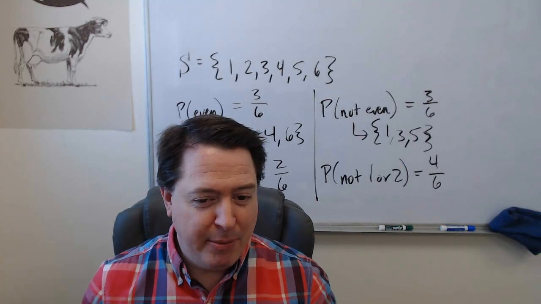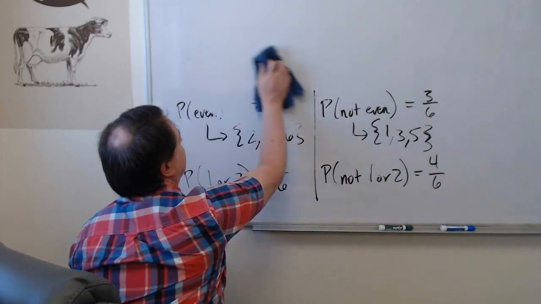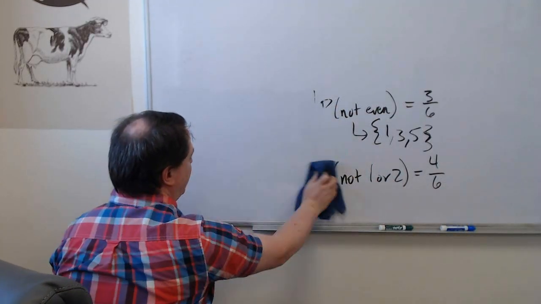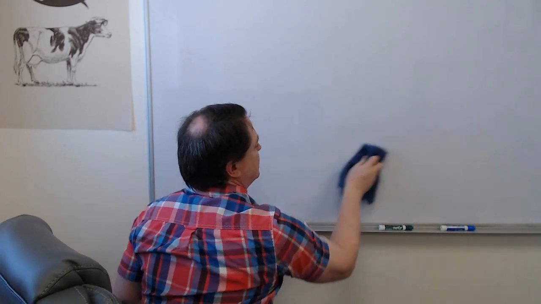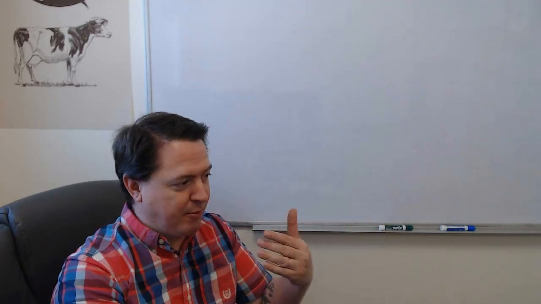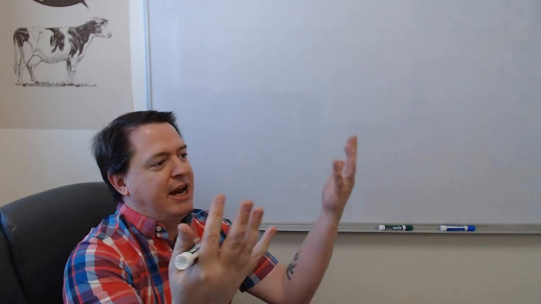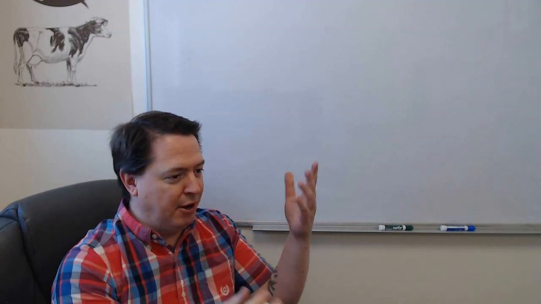Okay? Well, let me write that out, because that's actually going to give us a formula that we can work with whenever we're finding these complements. So let's just take our generic event that we just call A, sort of like we were using X in algebra. It's just a generic event. It doesn't matter. It could be having a cat. It could be a rainy day.